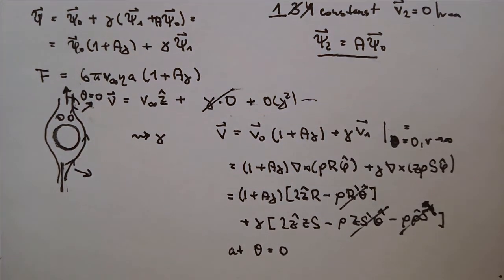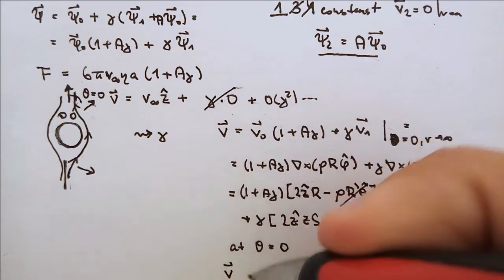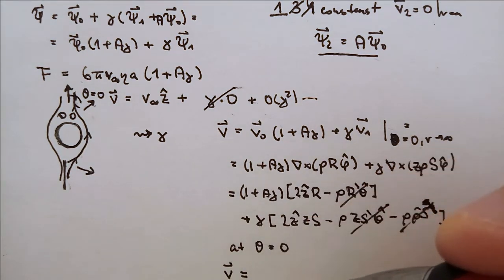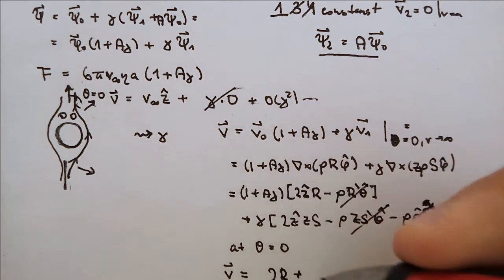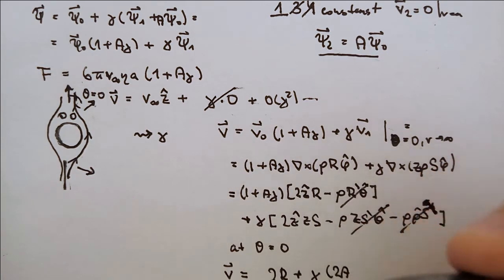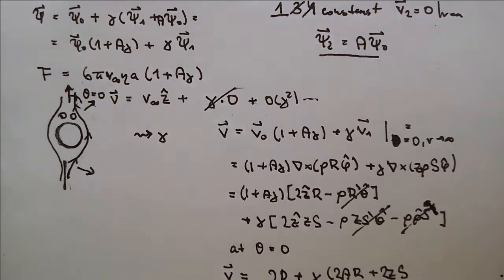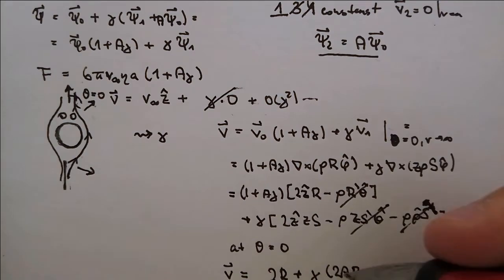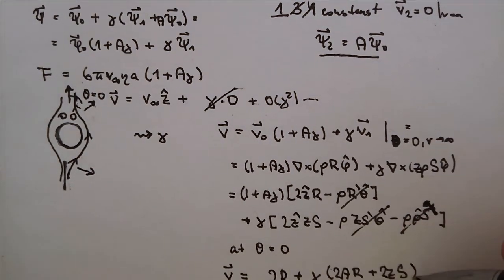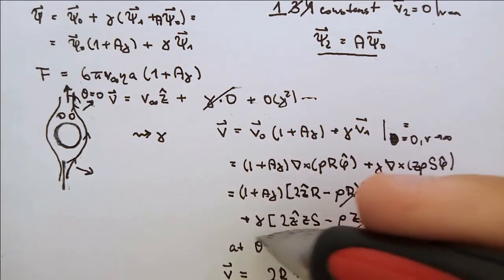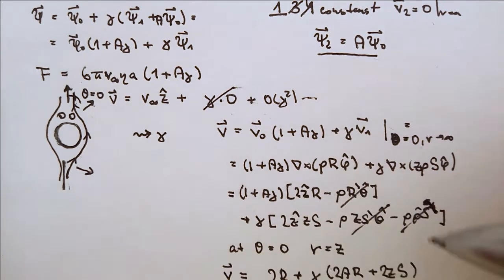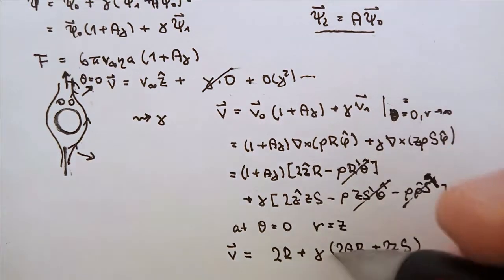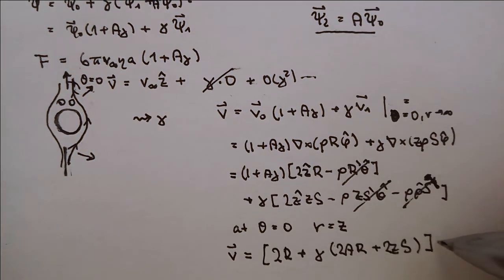So V is then 2R plus gamma times 2A R, if we do some simplifications, times S, and we are substituting in, because at theta equal to 0, R is equal to Z, so these are the same, times Z hat.